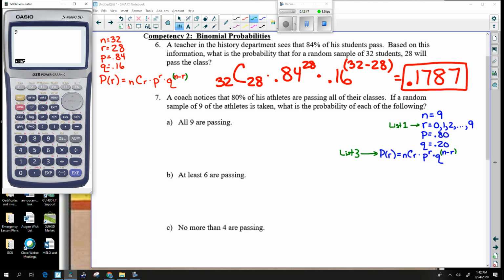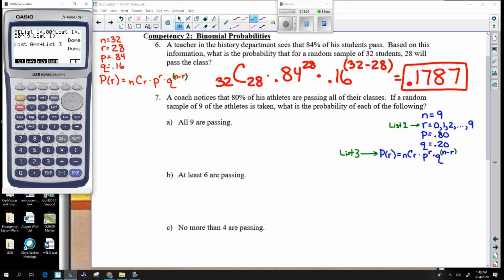So N, C, R, which is list 1, times P to the R, again that's list 1, times Q to the N minus R. Okay, again, that kicks out a list. Not a big deal. What I'm going to do is take that list answer and store it as list 3.